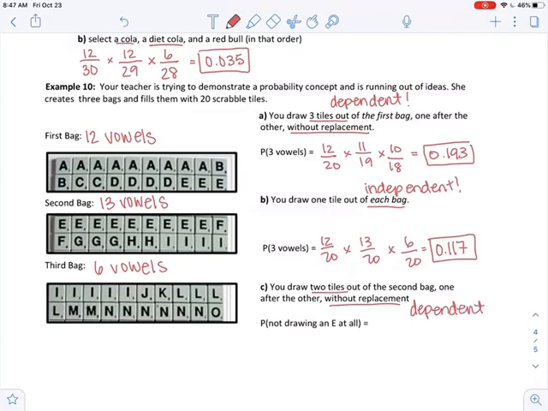If we have 13 vowels, and 9 of them are E's, and then 11 are not E's, we're looking at the probability of not drawing an E at all. So that is going to be 11 out of 20 times 10 out of 19, because we're drawing twice. Multiply those together, and we get 0.28.